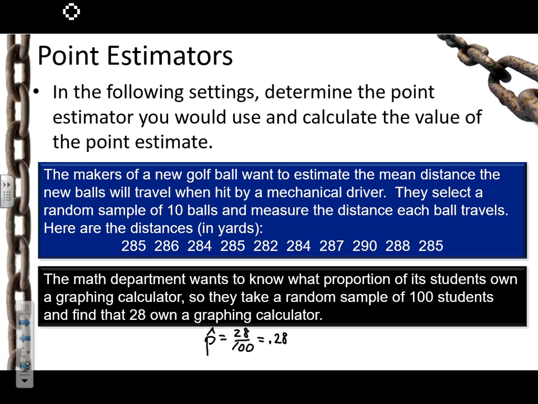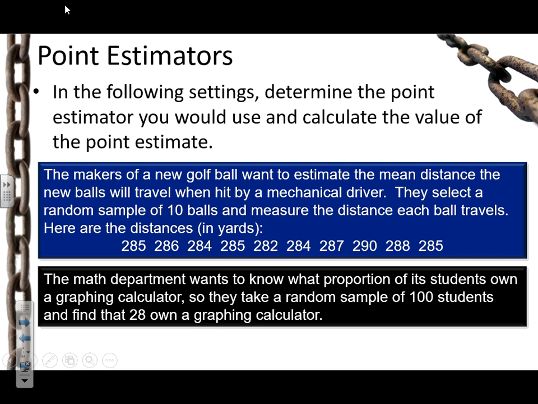Most often, I prefer the decimal. It's a little bit easier to work with as far as the calculations we'll eventually be doing, but you can choose which way you want to represent it. So point estimator's p hat, point estimate is the 0.28. Okay with that?